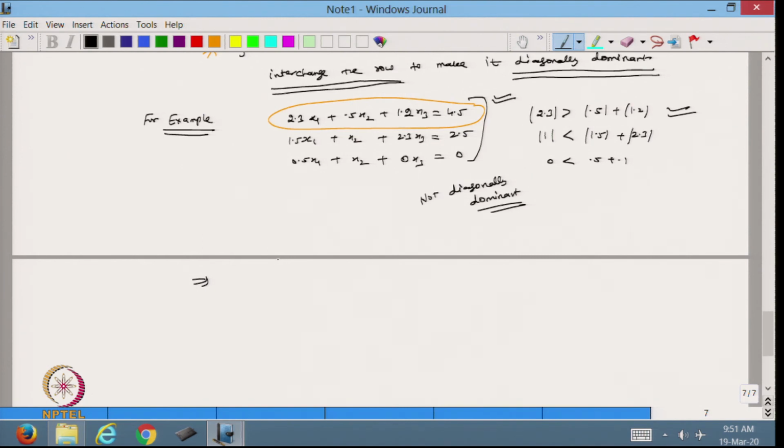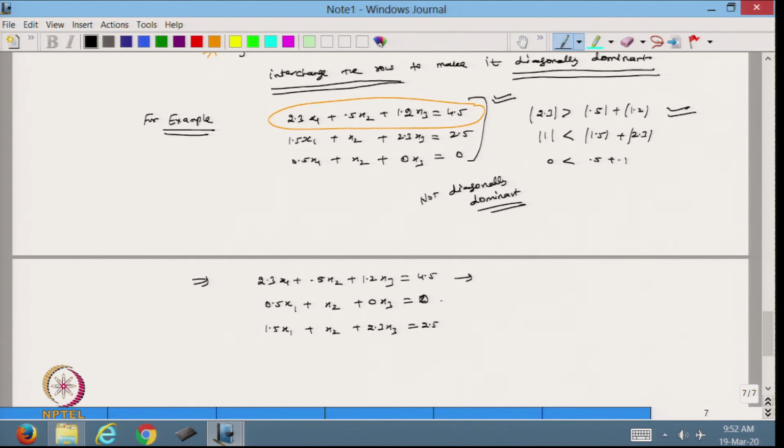I will take 0.5 x1 plus x2 plus 0 x3 is equal to 0, and the next is 1.5 x1 plus x2 plus 2.3 x3 is equal to 2.5. So in this case what is happening?